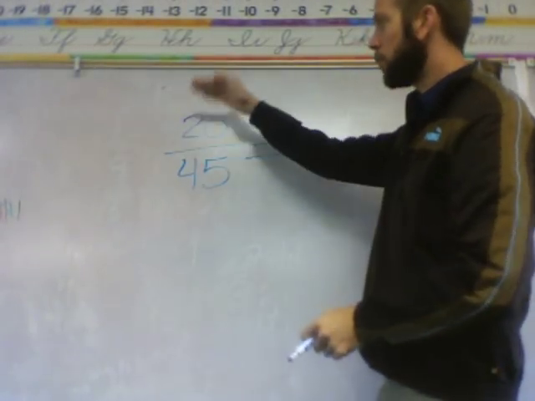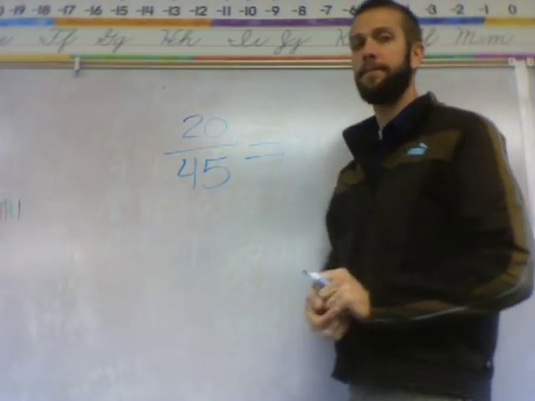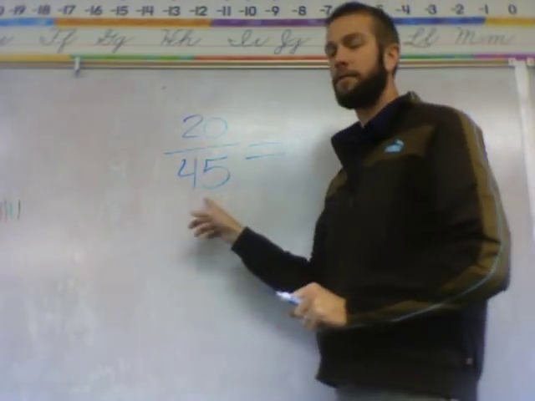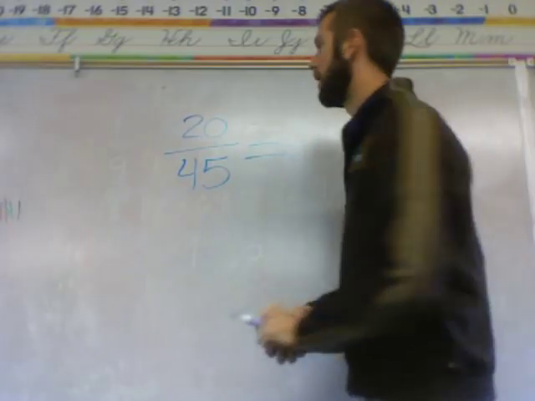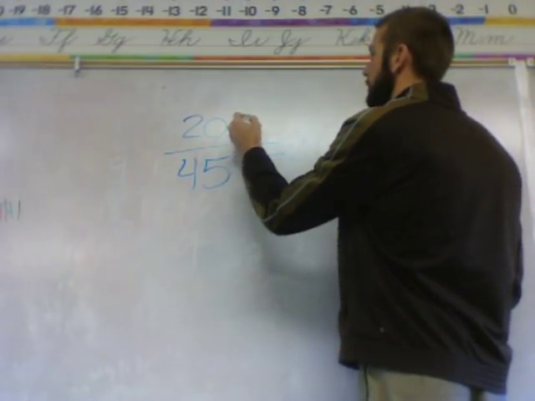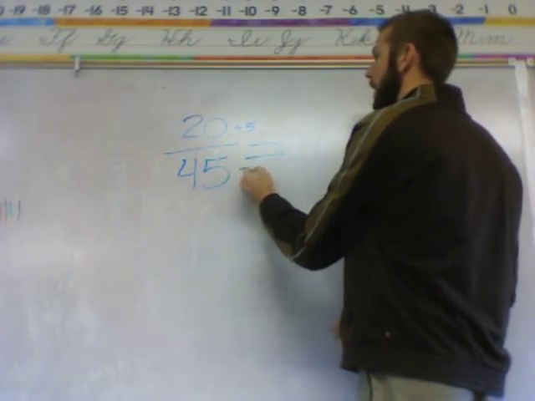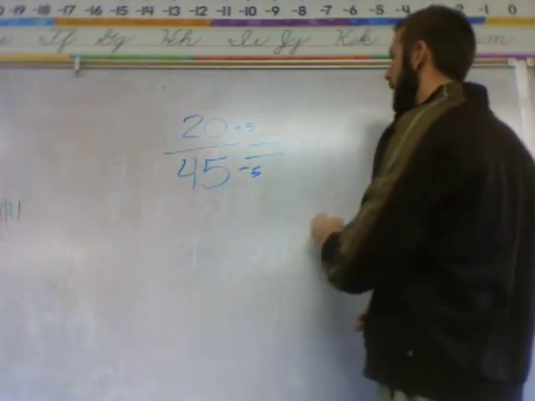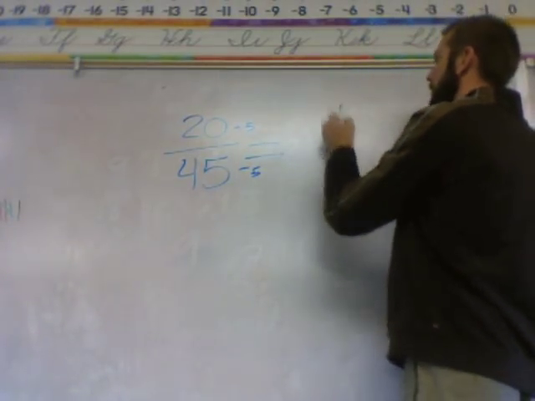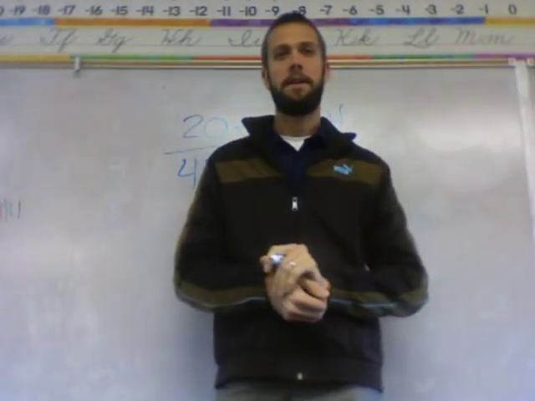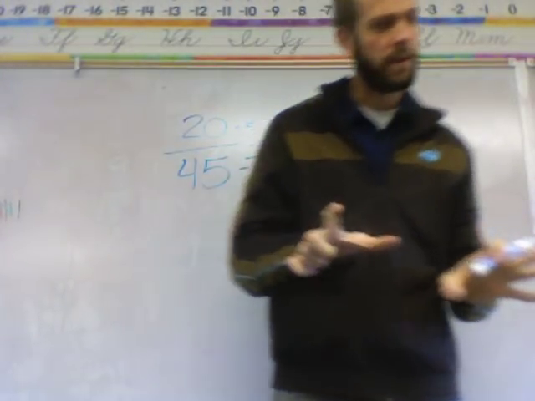It has to be 20 or less. Now 20 won't fit, 10 won't fit into 45, but 5 will. So whatever you do to the bottom, you have to do to the top. Divide both by 5, you'll get 4 ninths. Okay?